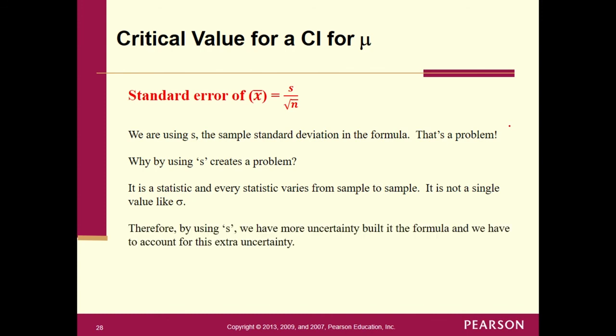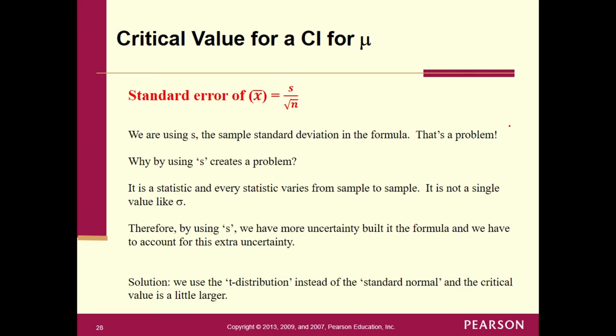Therefore, by using S, we have more uncertainty built into the formula, and we have to account for this extra uncertainty. The solution is kind of interesting. A guy who worked at Guinness Brewery in Ireland figured this out.